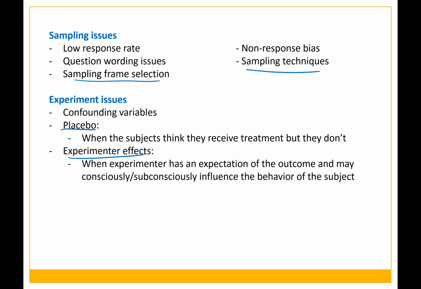They just receive pills of inert ingredients. So it's usually helpful in pharmaceutical and psychology studies. Experimental effects is where you have an experimenter with an expectation of an outcome who may influence the behavior of the subject. In other words, it's the bias coming from the experimenter.